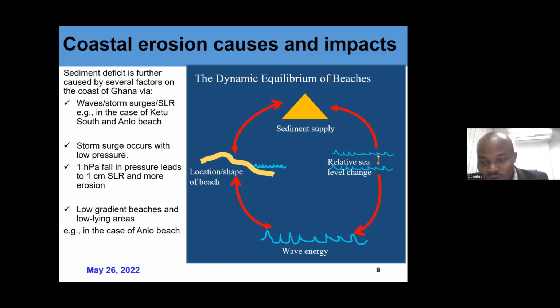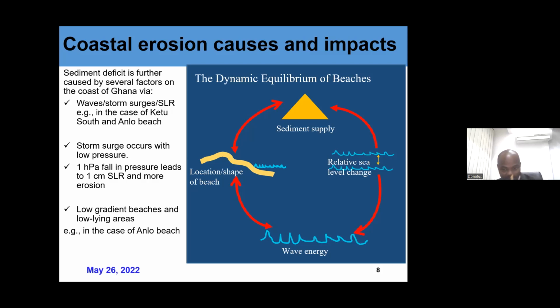Of late, we are quite aware of the repeated flooding that occurs at some beaches in Ghana. For example, last year we talked a lot about flooding at K2 South and Anglo Beach. This year, the same thing is happening. This is always caused by what is generally known as storm surges.